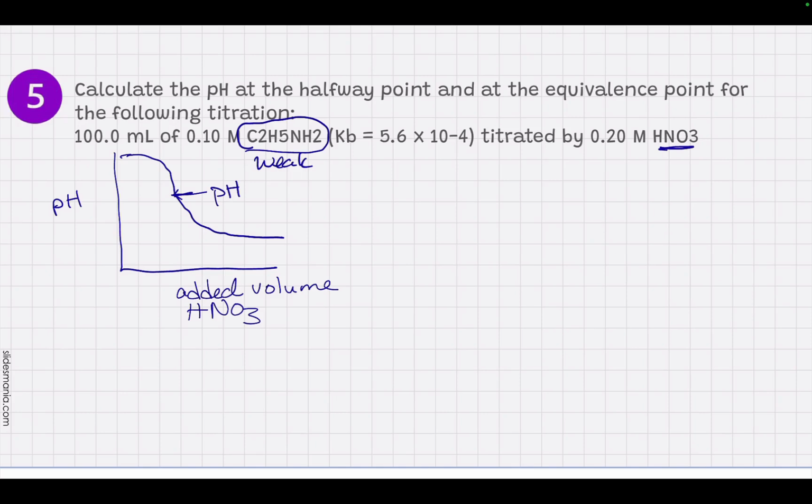And let's say that volume was 20 mLs, then we're looking for the halfway point at 10 mLs, where the pH is the same as the pKa.